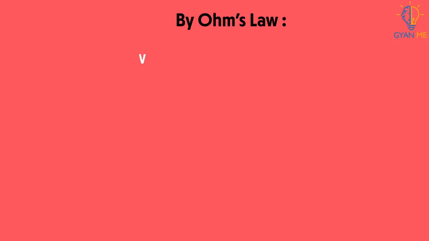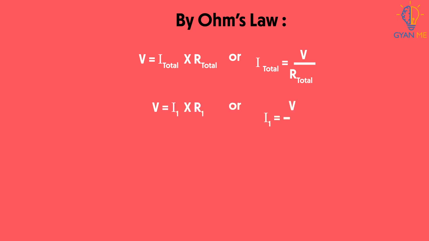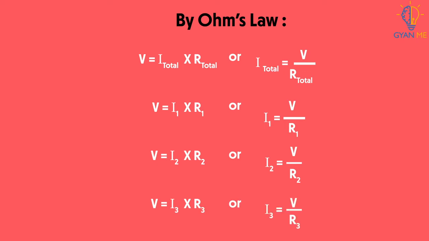By Ohm's law, V is equal to I total into R total, or I total is equal to V upon R total. V is equal to I1 R1, or I1 is equal to V upon R1; V is equal to I2 into R2, or I2 is equal to V upon R2; V is equal to I3 into R3, or I3 is equal to V upon R3.